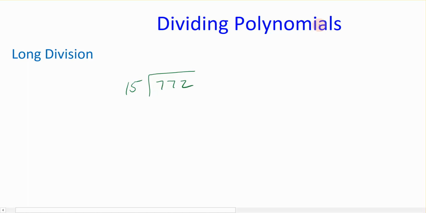So, way back when you did 772 divided by 15, the process you went through was something like this. You'd ask yourself, what do I multiply 15 by to get it close to 77?